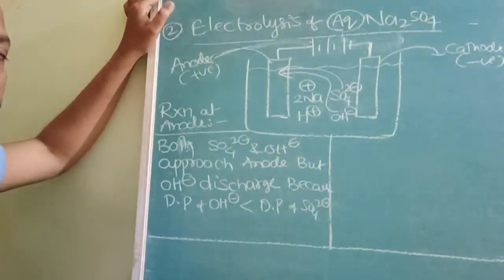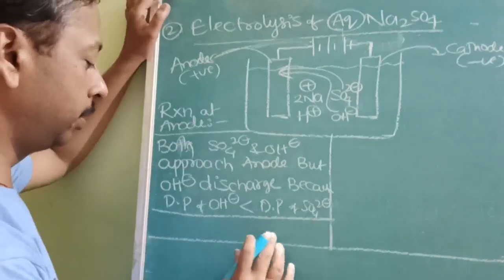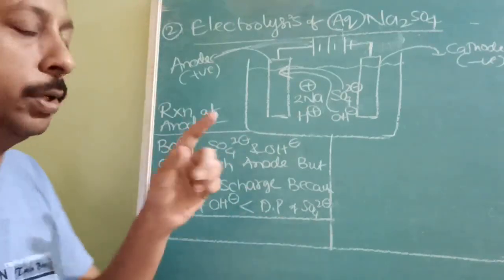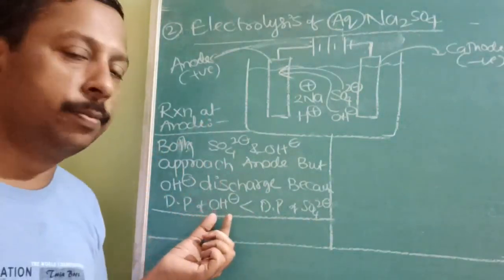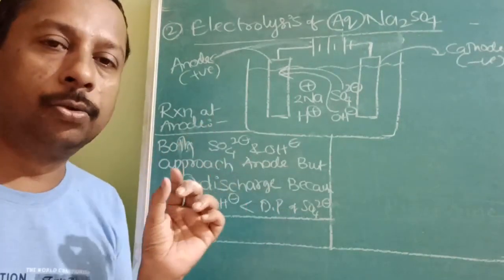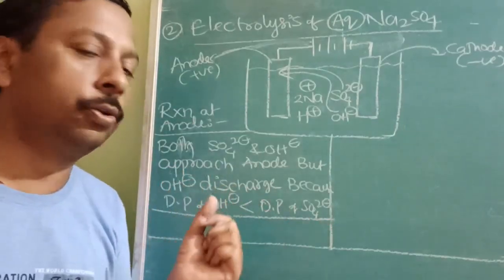Is it understood? Very important thing. Just because of this I told you that series before. The discharge potential of OH minus is less, so it is discharged more easily than SO4.